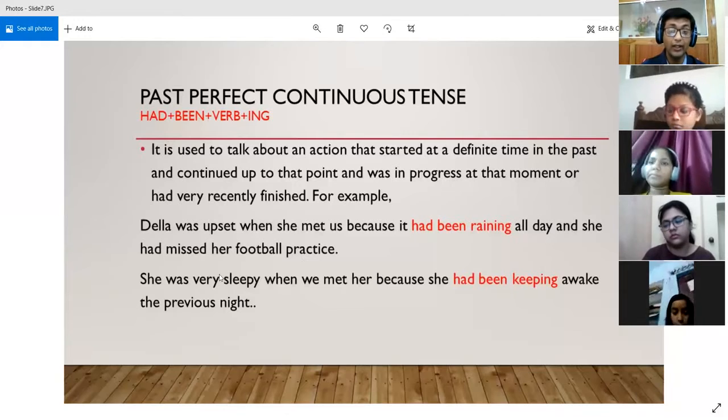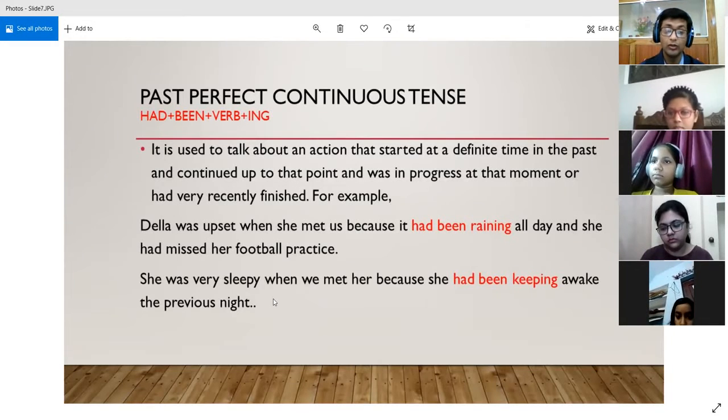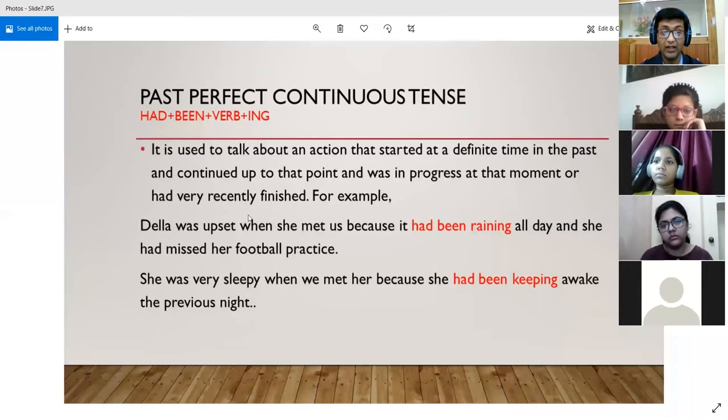Okay. Now see the next sentence. She was very sleepy when we met her because she had been keeping awake the previous night. So in this example, you see that the action has stopped, it is not continuing when we met her, but it had very recently finished. So this is an example of the very recently finished action, because we are meeting her in the morning and she was feeling very sleepy.